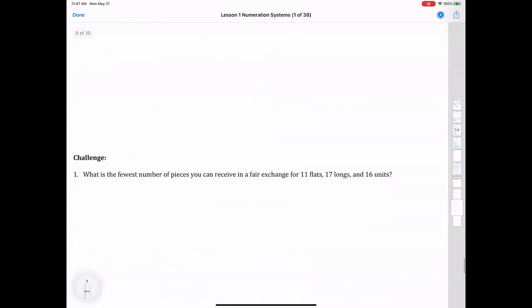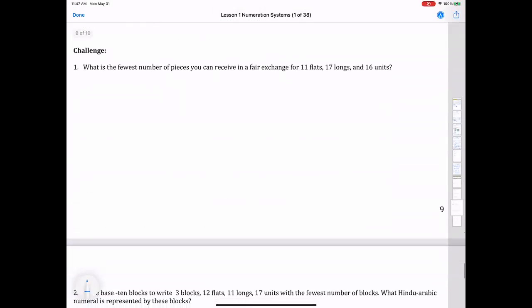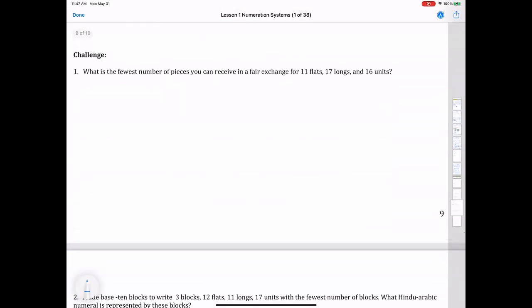So, okay, let's try one challenge before we close this session. What is the fewest number of pieces you can receive in a fair exchange for 11 flats, 17 longs, and 16 units? So the question is asking for the fewest number of pieces. So take note that flats are groups of units.